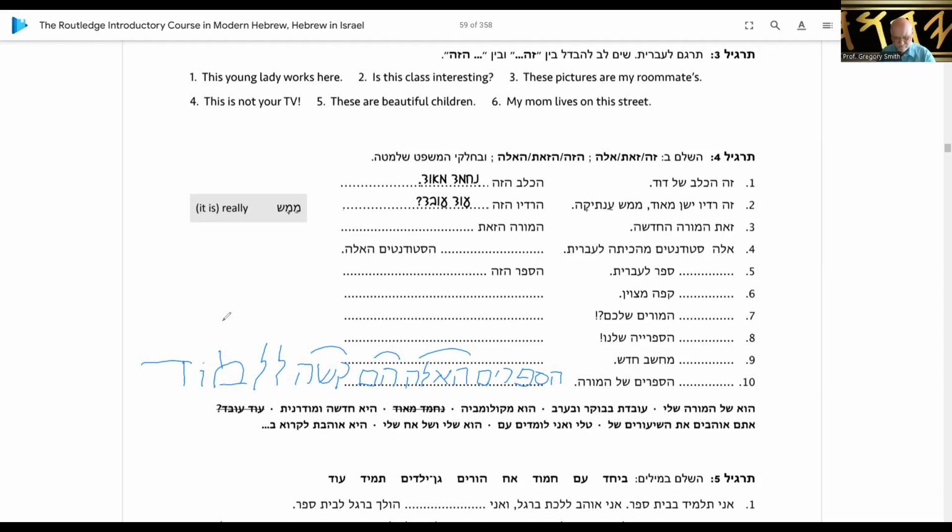What are we missing here? הספרים האלה הם קשה ללמוד. Hem kashe lilamod. These books are difficult to learn. Okay, so I think I got that grammatically correct. But the question is, once we get past hasiprim ha'ela hem, which we should see on the answer key, it'll depend on what they want to put here for this section here. But I think this is going to have ha'ela, siprim shel hamore.